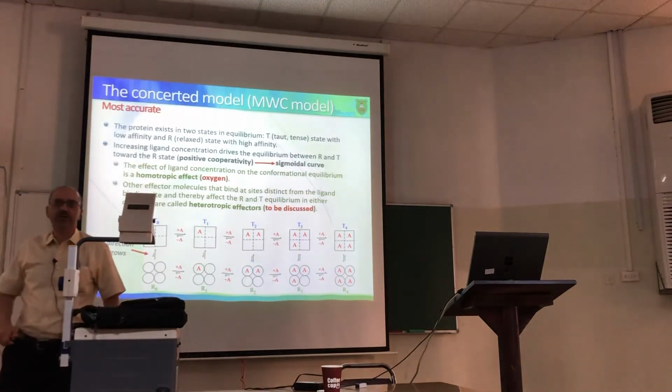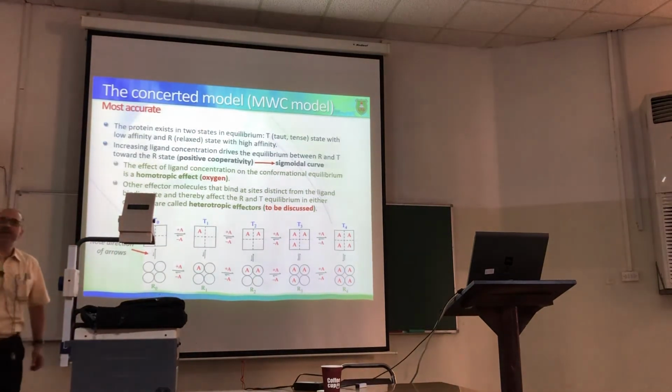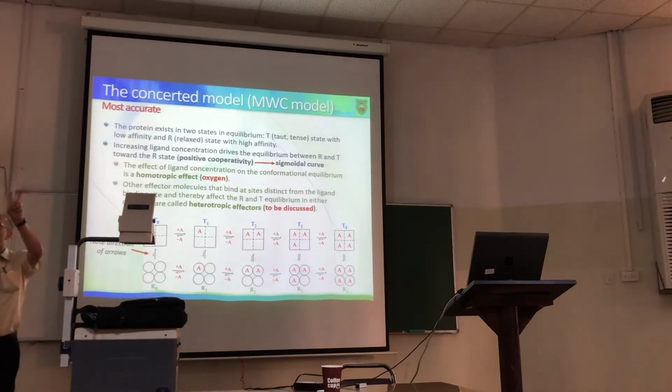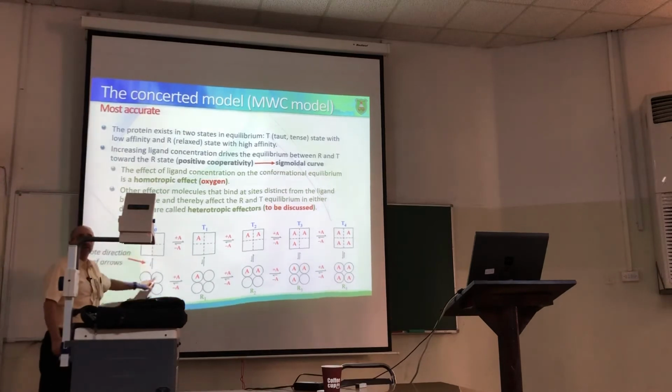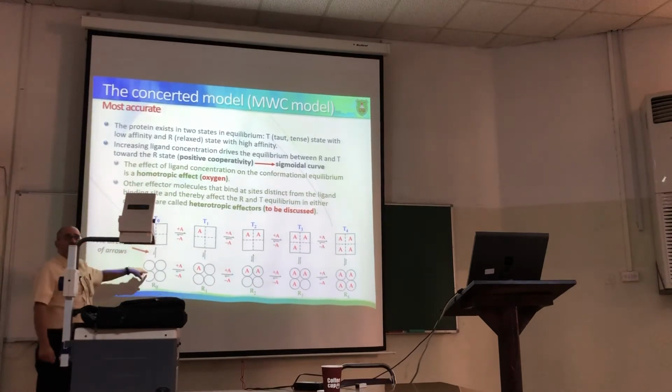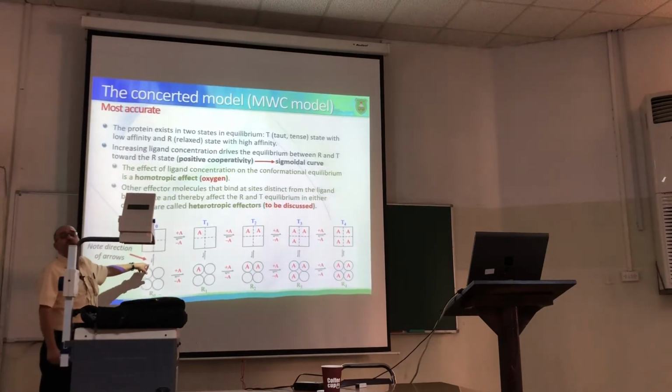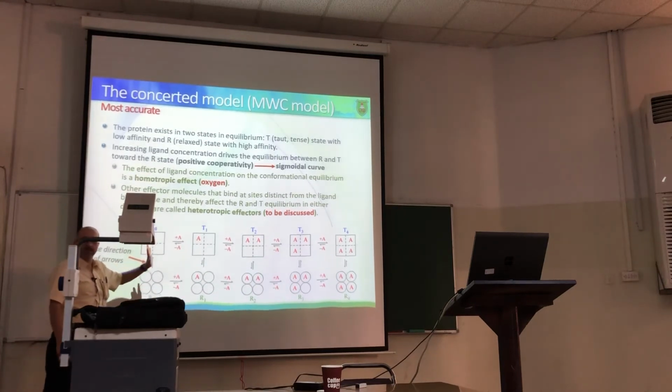They said the following. They said that hemoglobin exists in 2 structures only. And these structures are the T state and the R state. And these 2 structures exist in equilibrium. Okay?